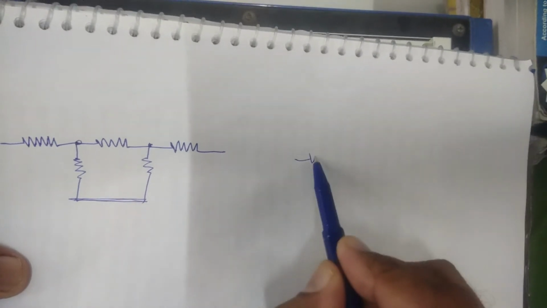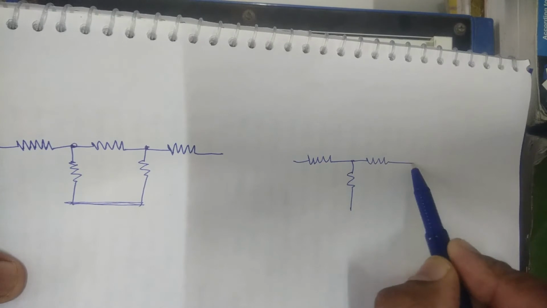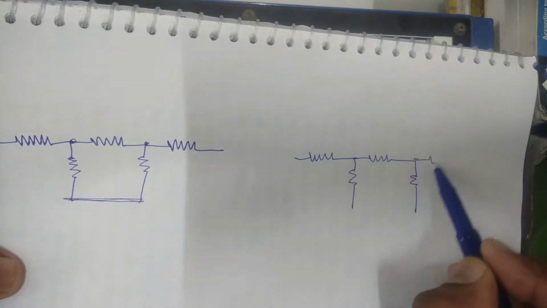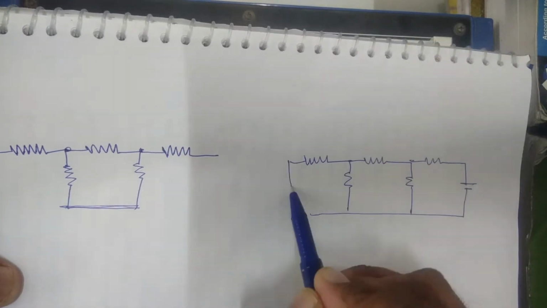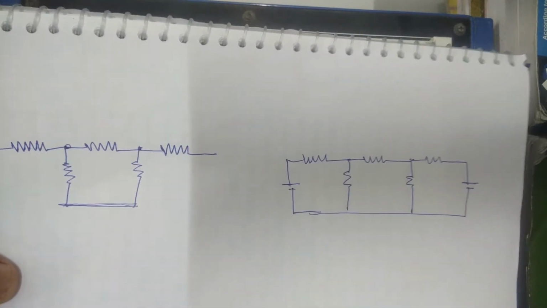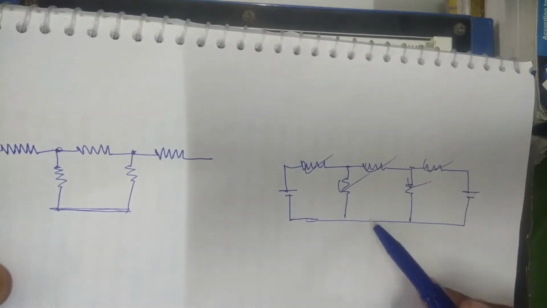Now what was our main circuit? Our main circuit was like this. We have done this and this.